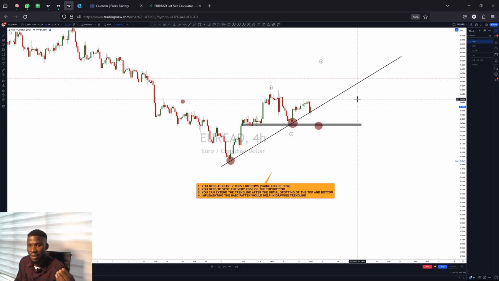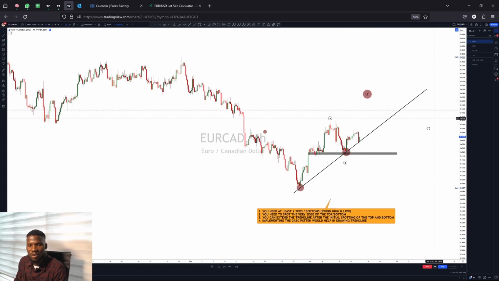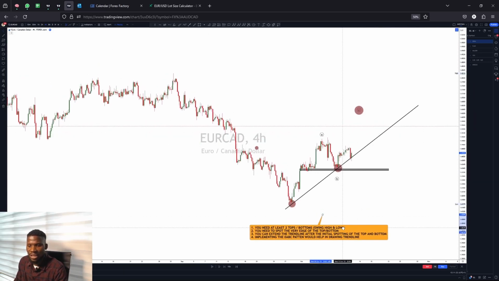To properly trend. We are to wait for the price to come back to this zone right here. Unless it happens, we are not expected to trade a trend yet. Because when you see something like this, that's when you can be rest assured that the trend is ready and there is a proper formation of trend.